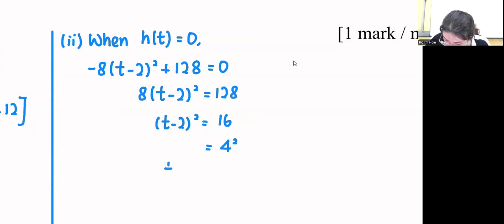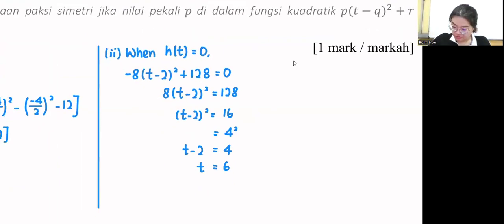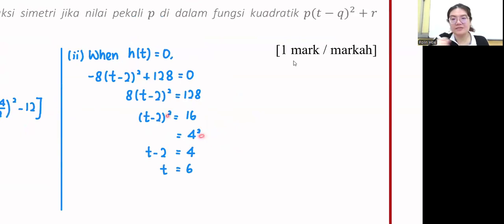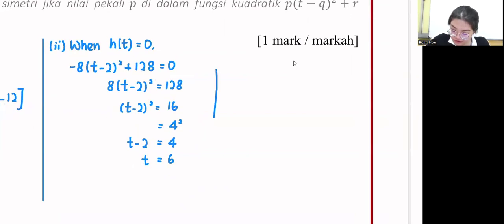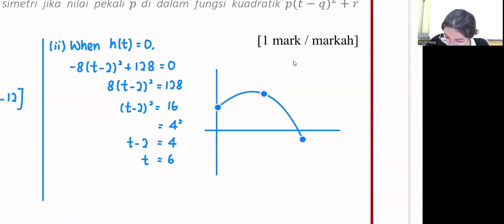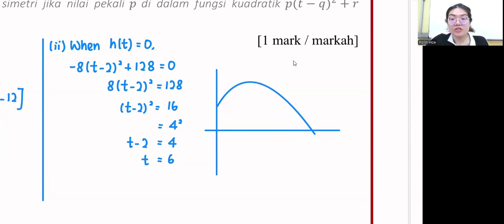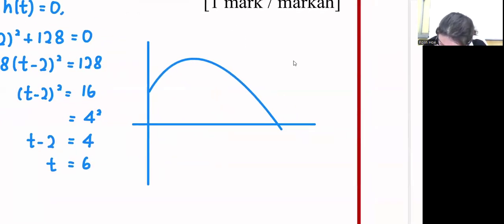Okay, so you have t minus 2 equals 4. t equals 6. Okay, Jenny, I know what you want to ask me. When can you write it like this, and when do you have to expand? When you know both sides can be written like this, you can. You cannot use the simplify method. This 16 you can change to 4 squared. Of course, if this is negative, this will also be negative. If this is positive, it will also be positive. Okay, let's draw.